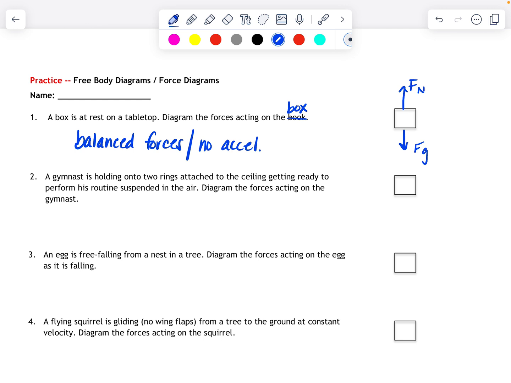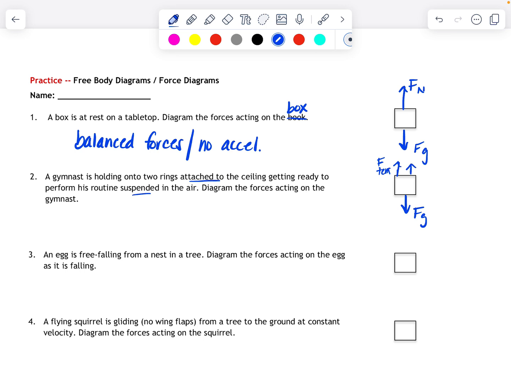The next one here, we've got a gymnast is holding onto 2 rings attached to the ceiling, getting ready to perform his routine suspended in the air. So this is kind of some key words there. Diagram the forces acting on the gymnast. Okay, well, we still have the force of gravity, but we also now have that tension force. I'm just gonna call it T, tension.